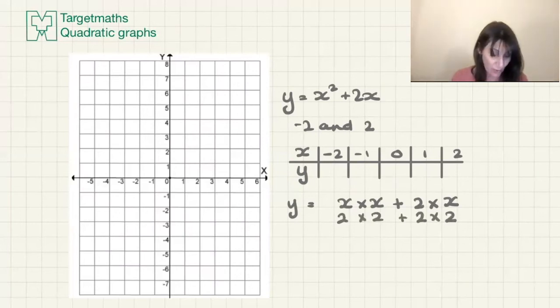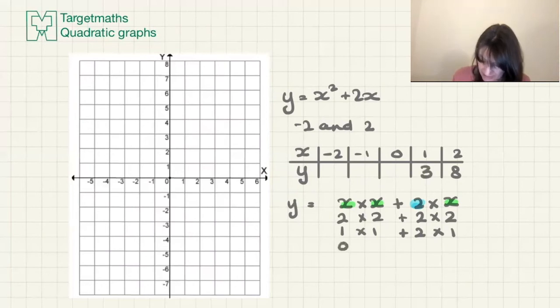Well, 2 times 2 is 4. 4 plus 4 is 8. Now I'm going to put the 1 in. 1 times 1 plus 2 times 1. Remember, it is only the x values that will change. So this 2 in the rule originally will stay absolutely there throughout. All right. So 1 times 1 is 1, plus 2 times 1 is 2. 1 plus 2 is 3.